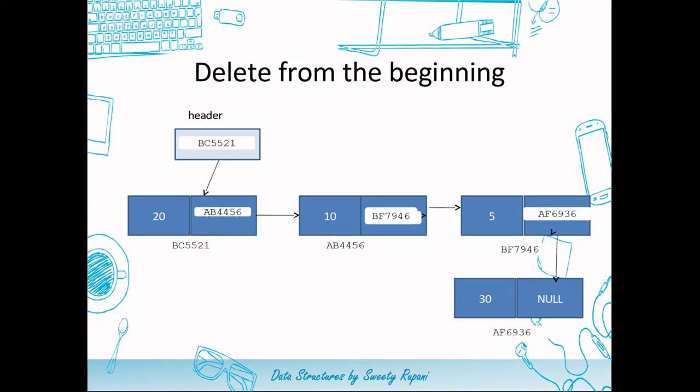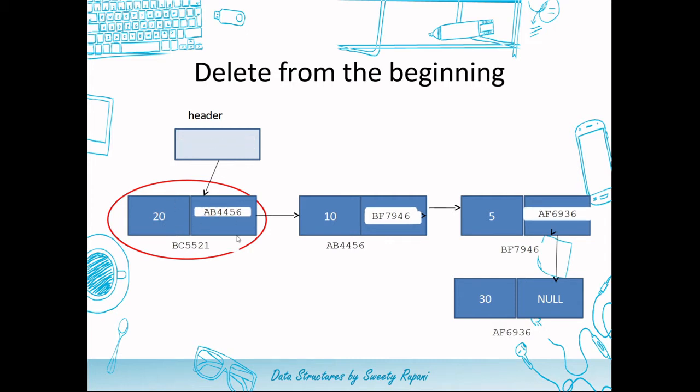So this is my existing list from which the first node is required to be deleted. The node to be deleted has the data value 20. Now when I say that the first node is required to be deleted, the header is required to be shifted to point to the next node. The address of the next node, we are going to get from the node which we are going to delete.